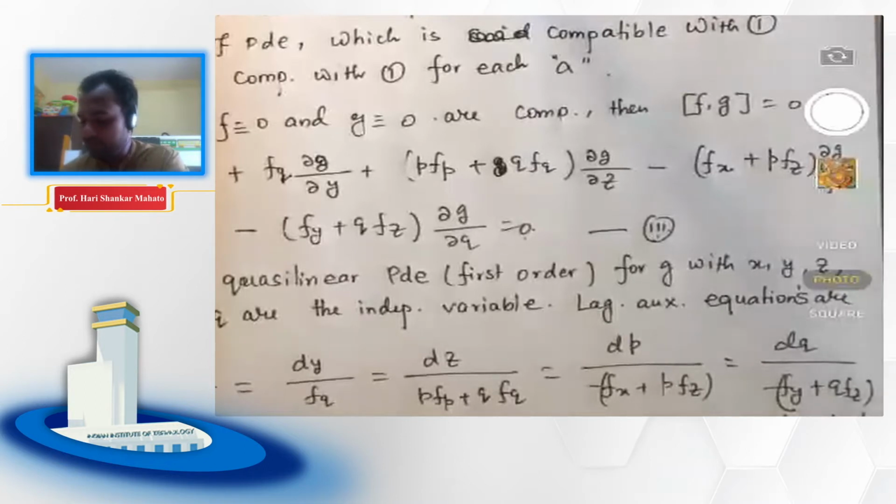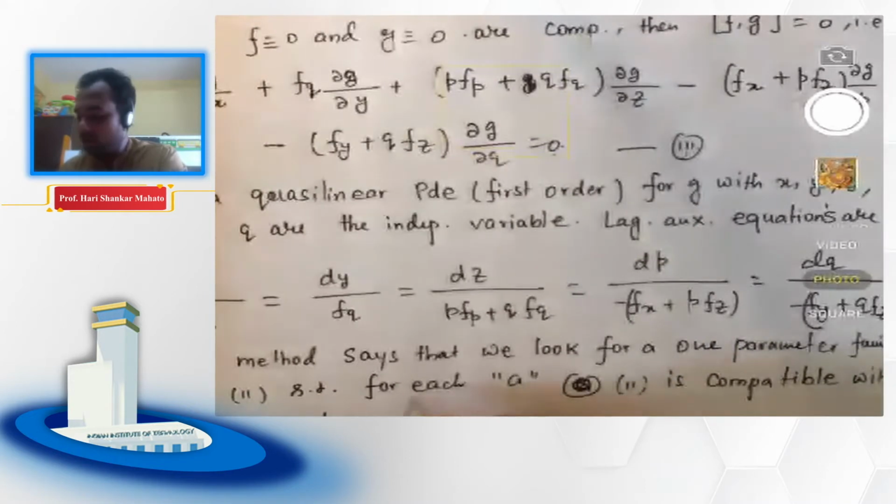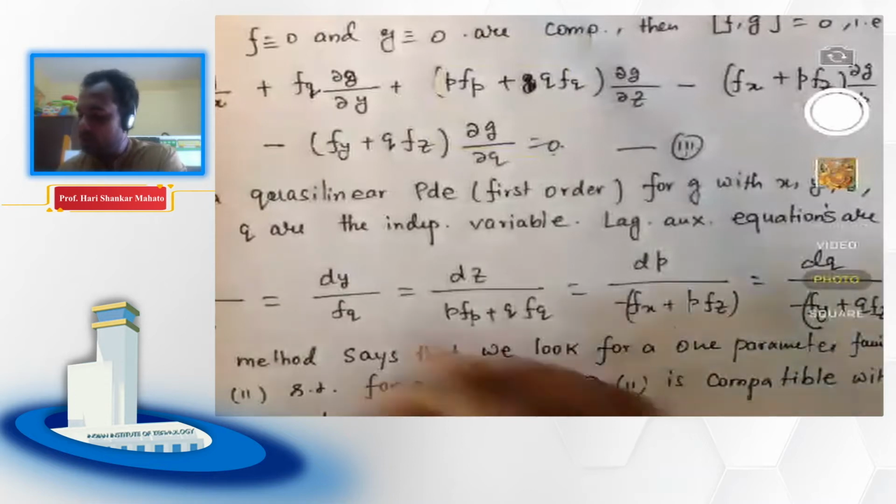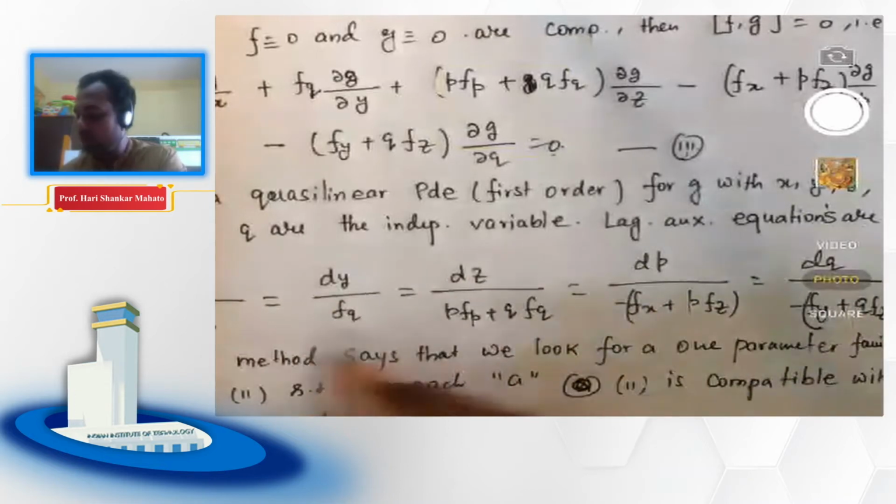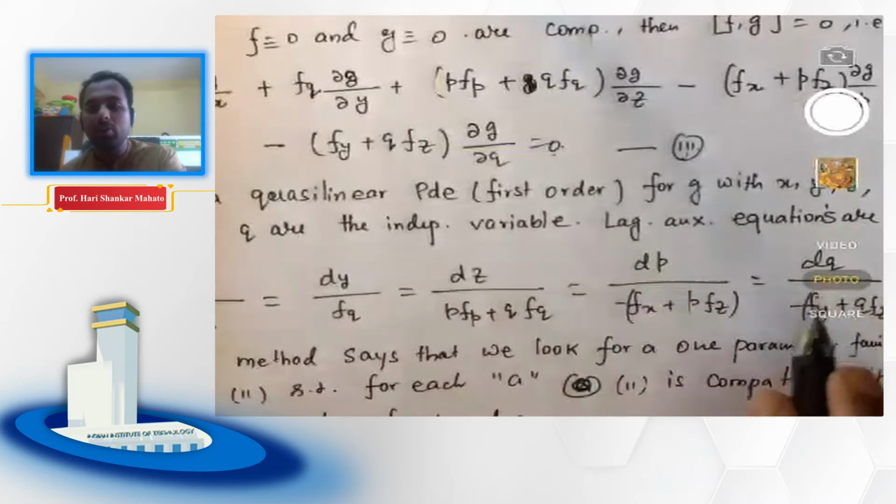And then solve for p and q. So this is the given equation from where we can solve for p and q.